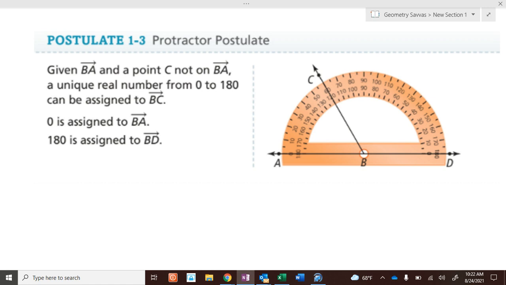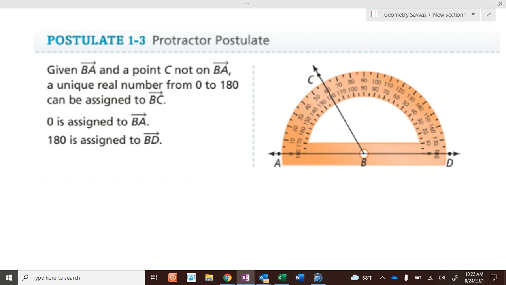A has a 0 on the outside. So I'm going to use the outside numbers to find ABC. If I want to figure out what CBD is, over here, D has 0 on the inside numbers. So we got to use the inside numbers to find CBD.